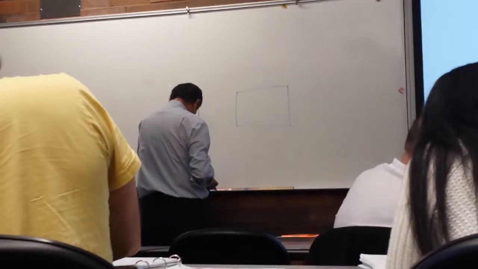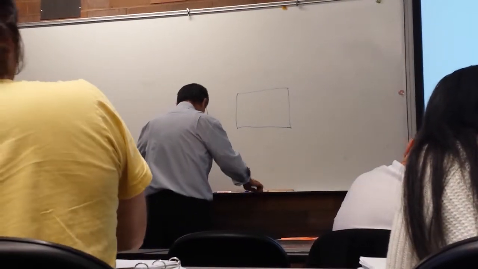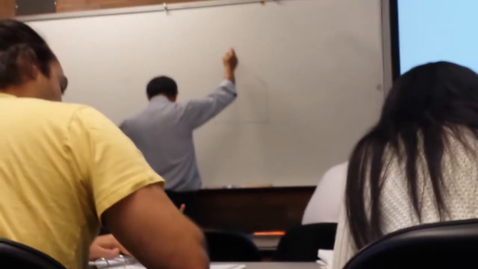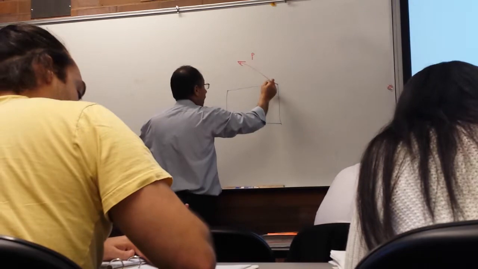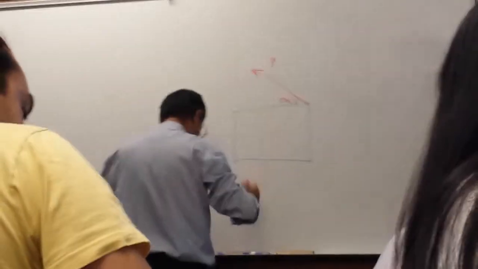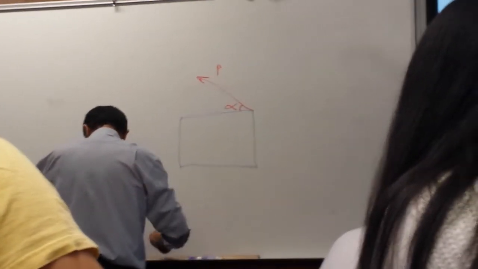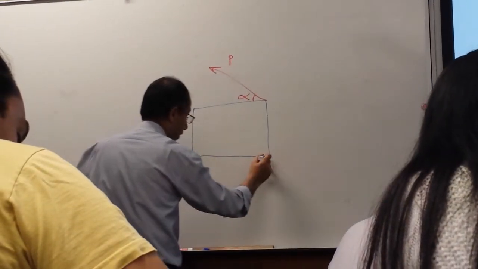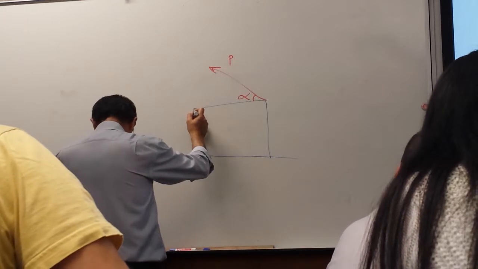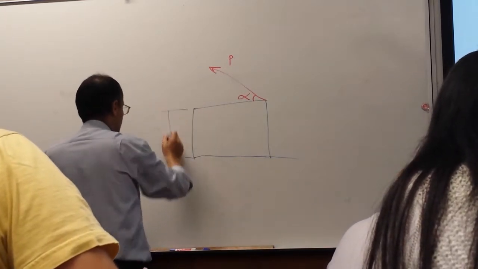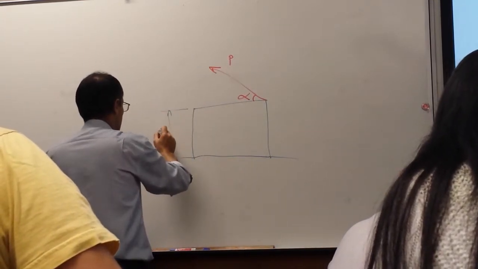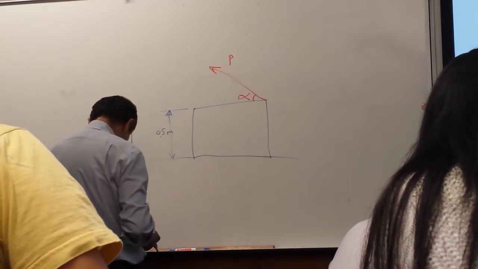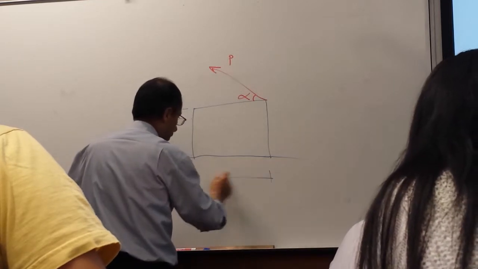This is a block in here, and this has a force P at angle alpha. Dimension here, half meter is high. 0.8 meter here.